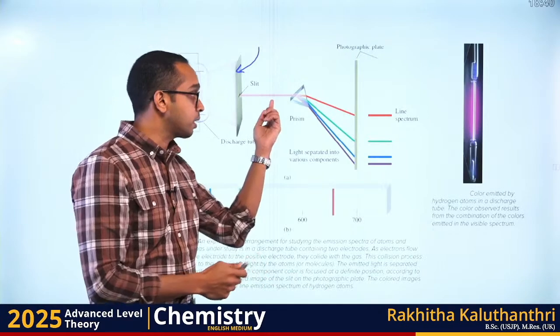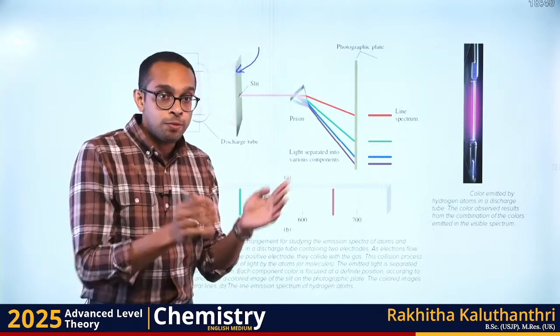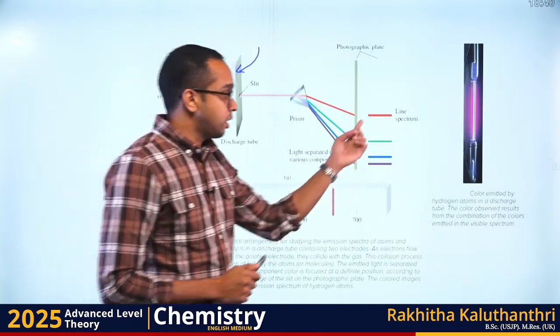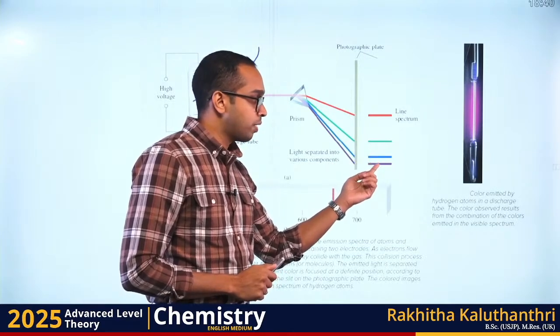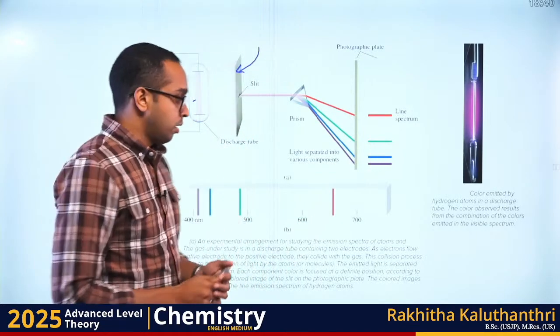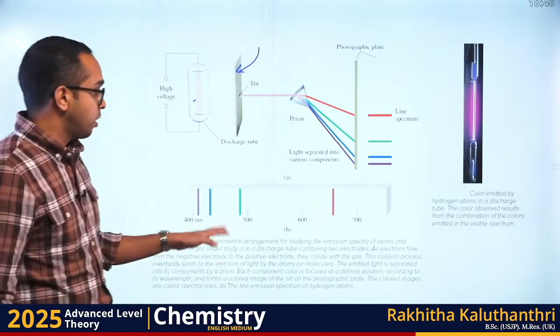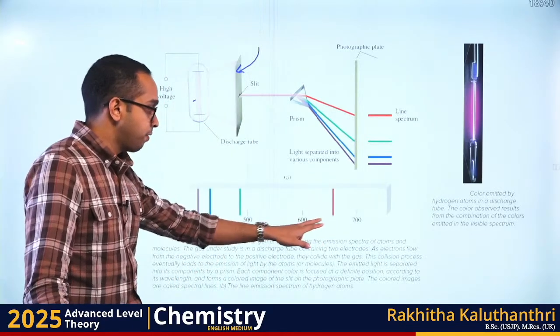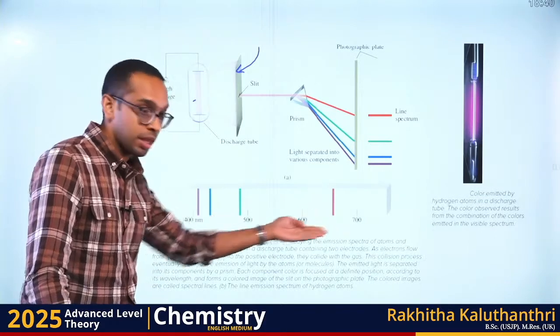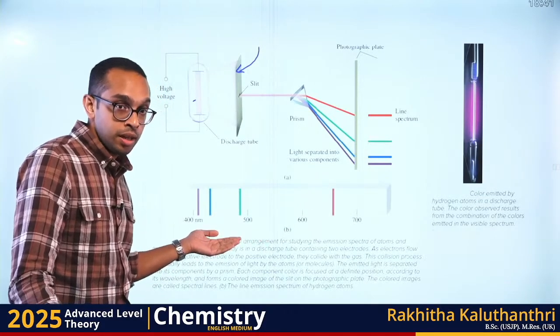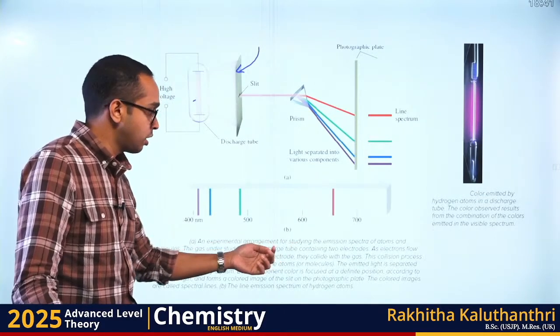Now this pink color light consists of 4 different wavelengths: a red color wavelength, a blue-green color wavelength, a blue color wavelength and a violet color wavelength. So you can see they have very specific wavelength values. This is the nanometer scale indicating the wavelength of each of these radiations that is produced.